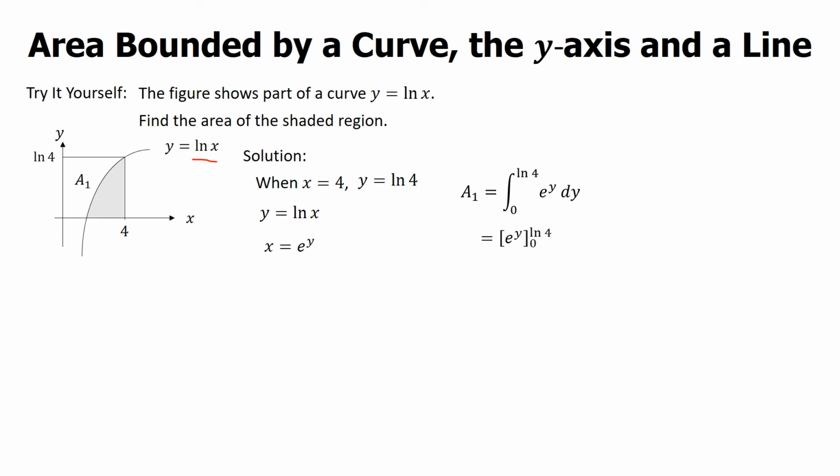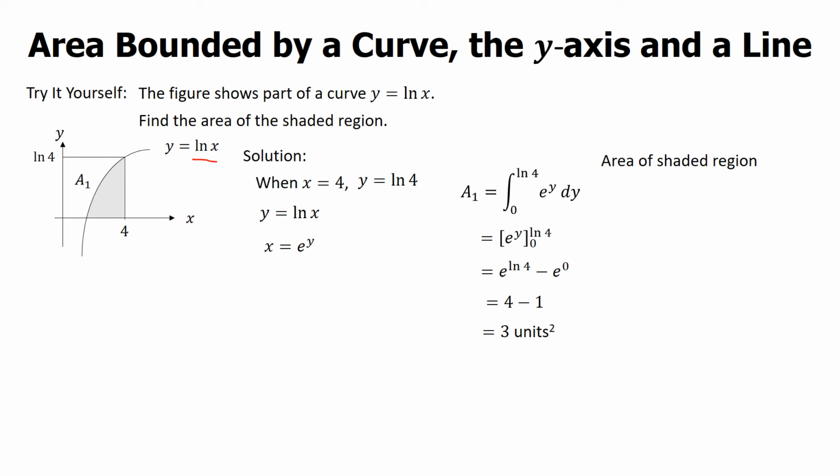After integration, we get e to the power y from 0 to ln 4. So substitute y equals ln 4, we get e to the power ln 4 minus, when y goes to 0, e to the power 0. Then we get 4 minus 1, and it is 3 units squared.